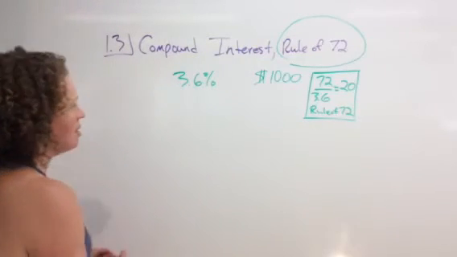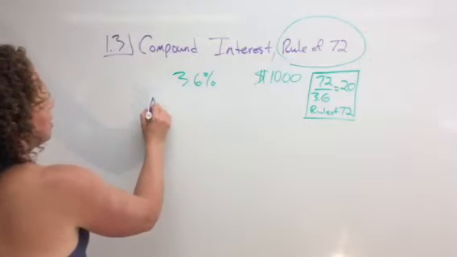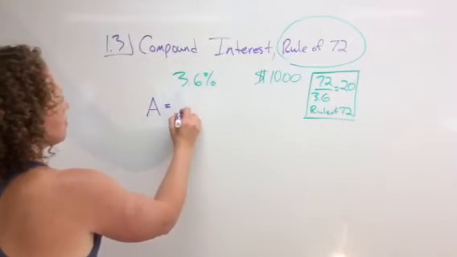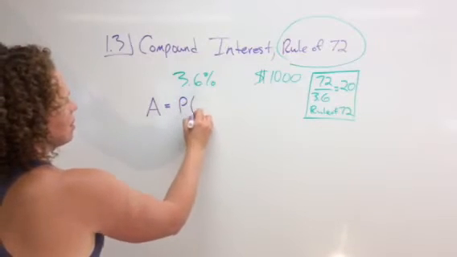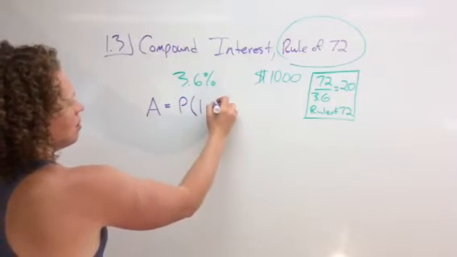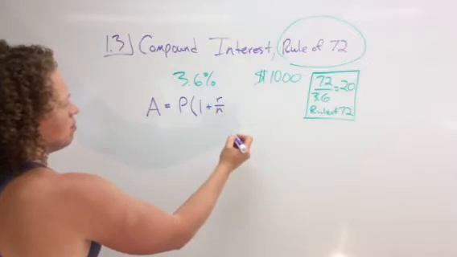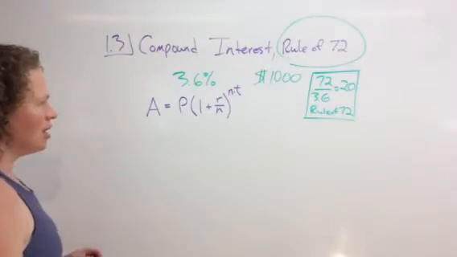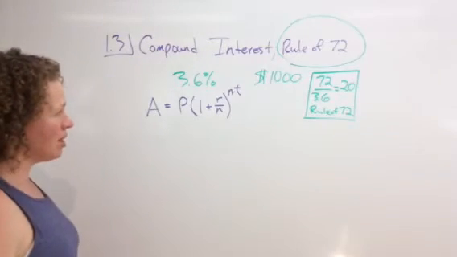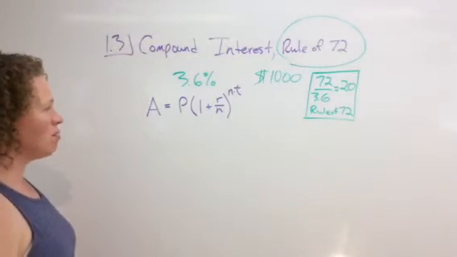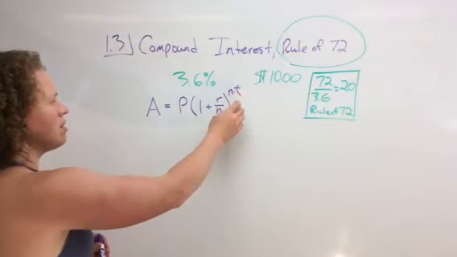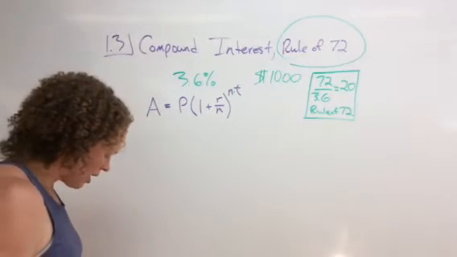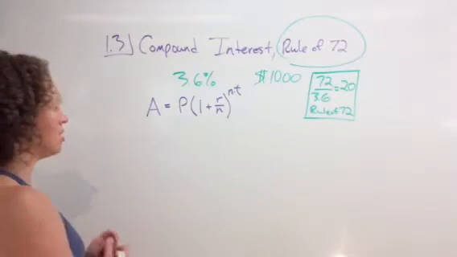And that is A, which is all of it, equals P times 1 plus your rate of interest over the number of times compounded, to the power of n times t. Now, that might look a little bit freaky, but you just put this stuff in and solve it and keep solving it out. It's not a really big deal. What we're going to do right now is go over what each one of these things means.